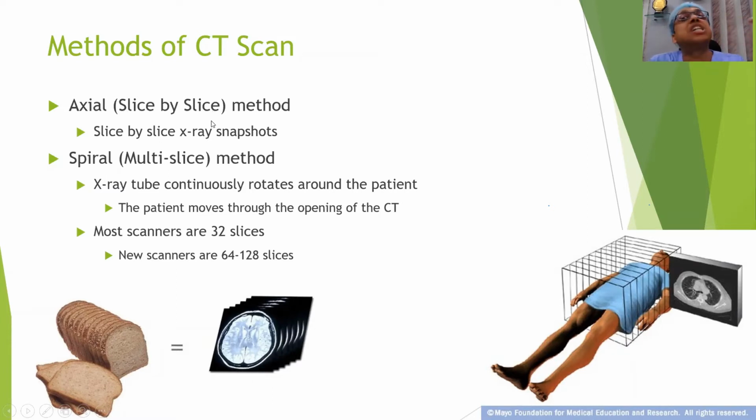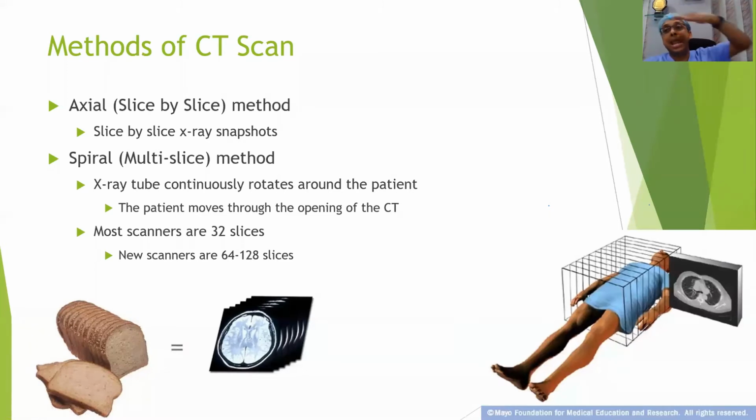Now, this is the first generation type of CT scan which had been developed. But now, and I don't mean yesterday, probably 10, 15, maybe 20 years ago, you have the spiral or multi-slice method where the X-ray tube continuously rotates around the patient, and also the patient can move through the opening of the CT like this, right?